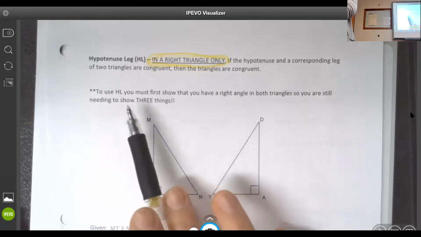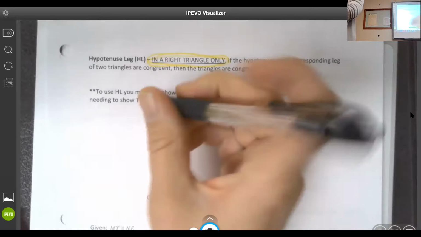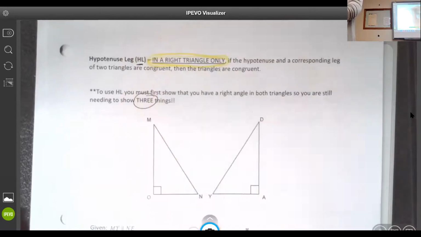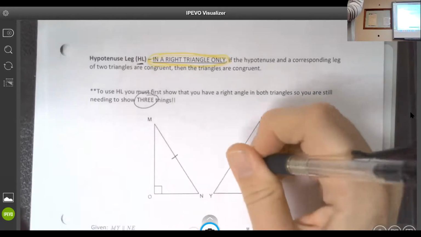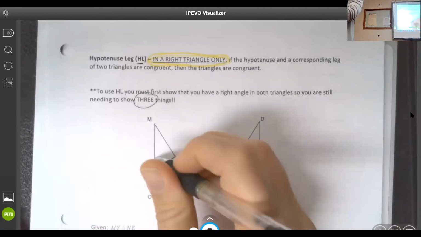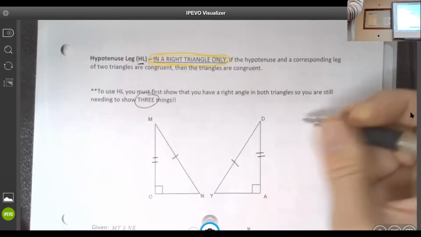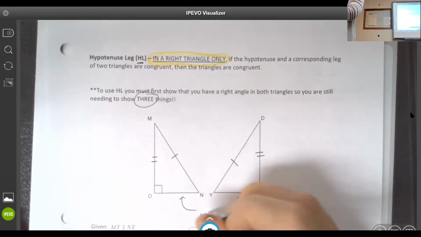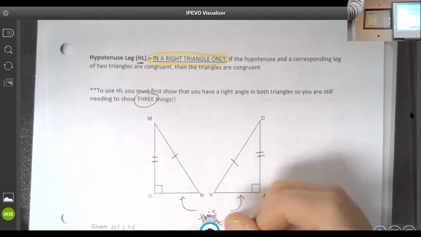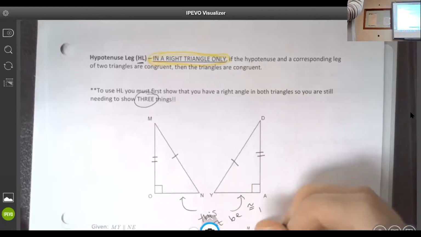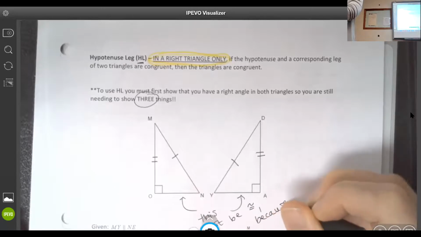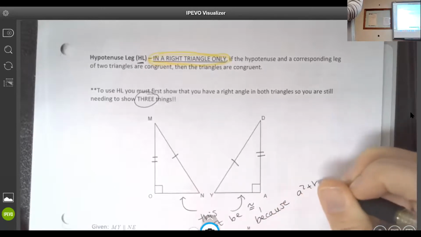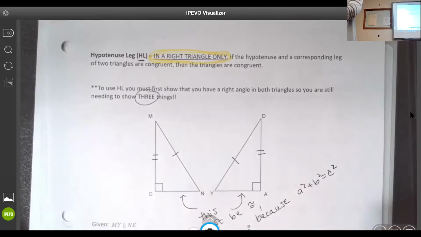And you still need to show 3 things. There's still 3 things here, even though it's just 2 letters that we list. Okay. So if the hypotenuse of my right triangle is the same, and one of my legs matches, this must be congruent, because a squared plus b squared has to equal c squared.